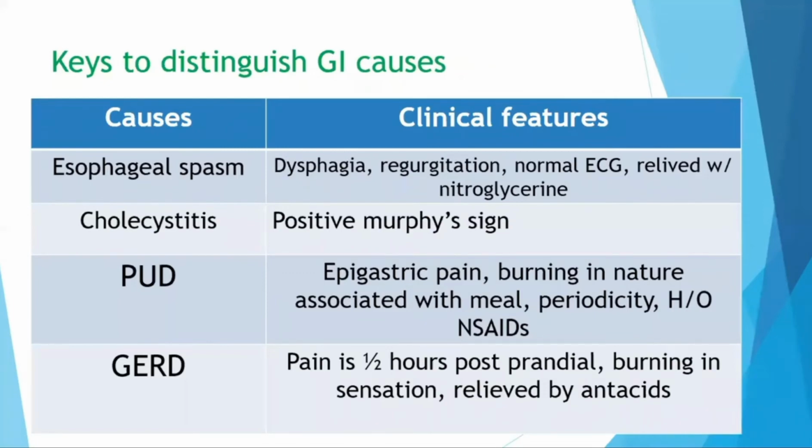Cholecystitis, here positive Murphy's sign. Peptic ulcer disease, the pain is epigastric, burning in nature, associated with meals. There may be periodicity and history of NSAID intake. Gastroesophageal reflux disease, pain is half an hour postprandial and burning in sensation, relieved by antacids.